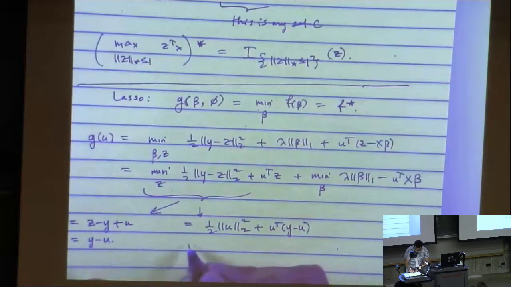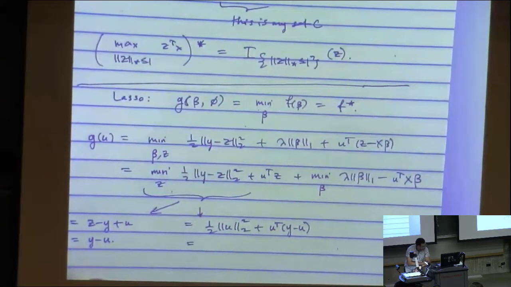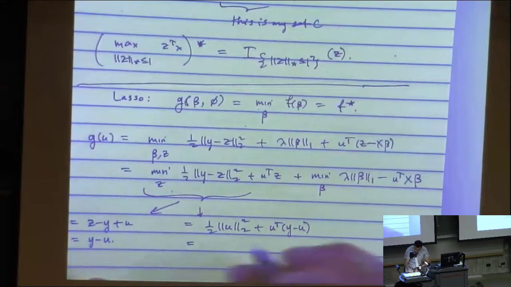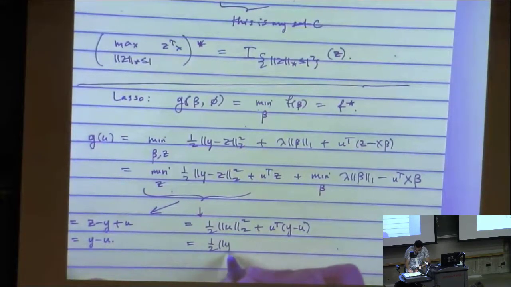And okay, for some reason on the slides I decided to write that a little bit differently. Maybe because I wanted it to look like a quadratic in u, so just a single term that involved u. So these should be equivalent.